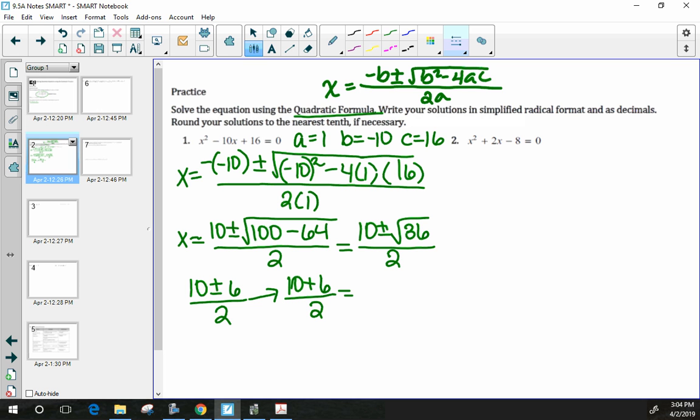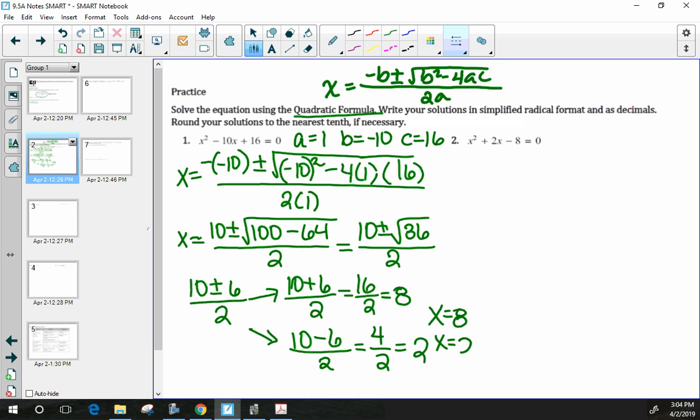So 10 plus 6 is 16, and 16 divided by 2 is 8. The other answer is going to be when I do 10 minus 6 over 2. What's 10 minus 6? 4, and then 4 over 2 is just 2. So guys, the solutions to this were x equals 8 and x equals 2. There they are. Okay?